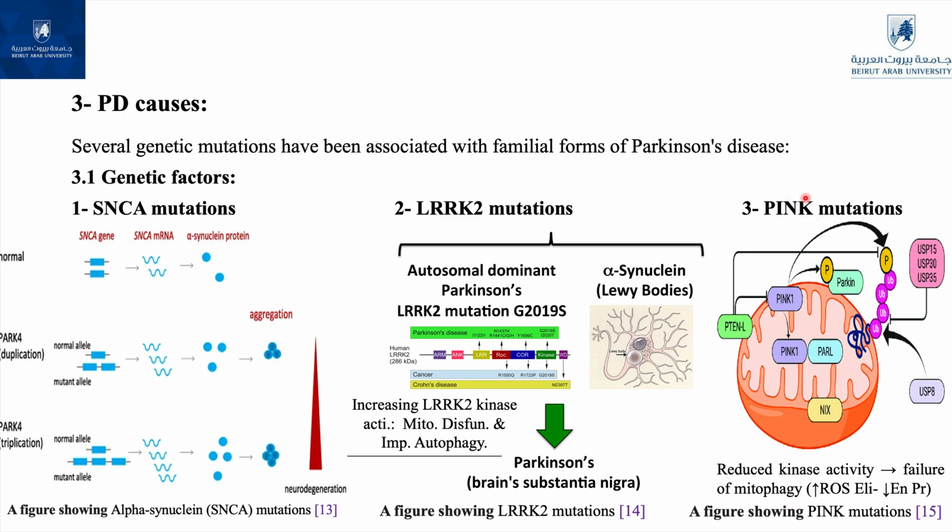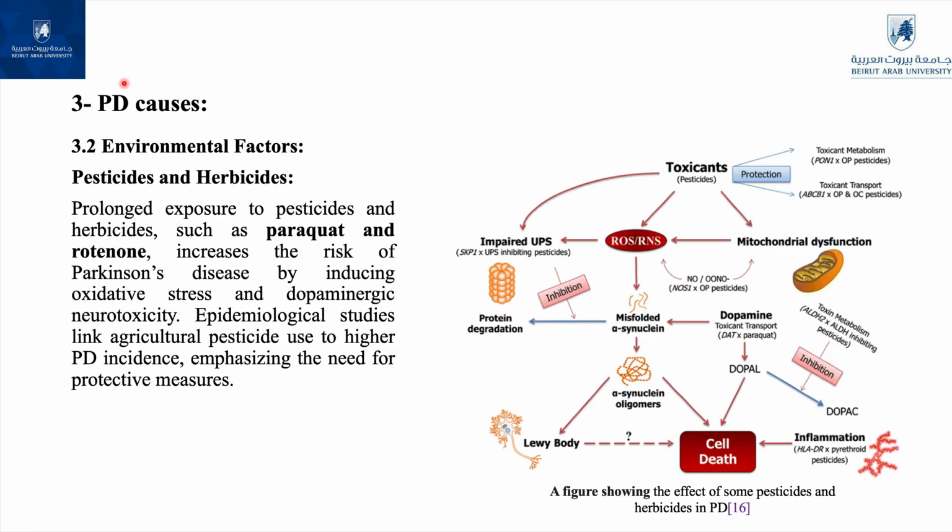So this kind of mutation prevents mitophagy. So the reactive oxygen species increases and the energy production decreases, and in this case we will obtain the loss of neurons in the substantia nigra.